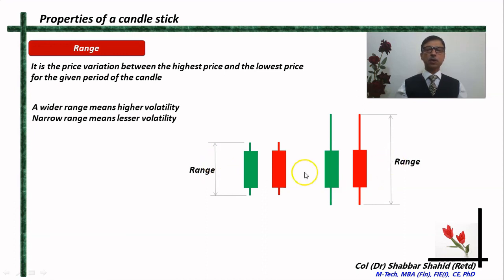Here the range is small, here the range is large. And what does the range mean? It primarily indicates the volatility of the stock or the asset during that period of time. And what is the significance of that volatility? We have already studied that in our other courses where we talked about derivatives.